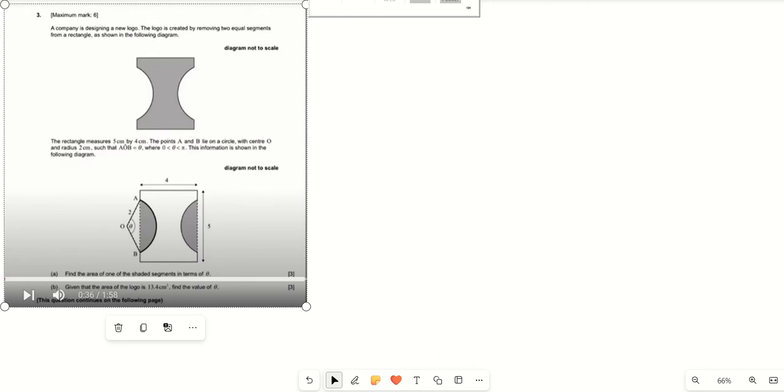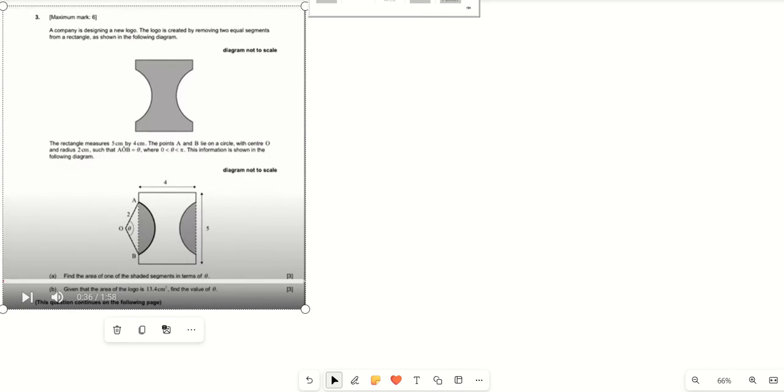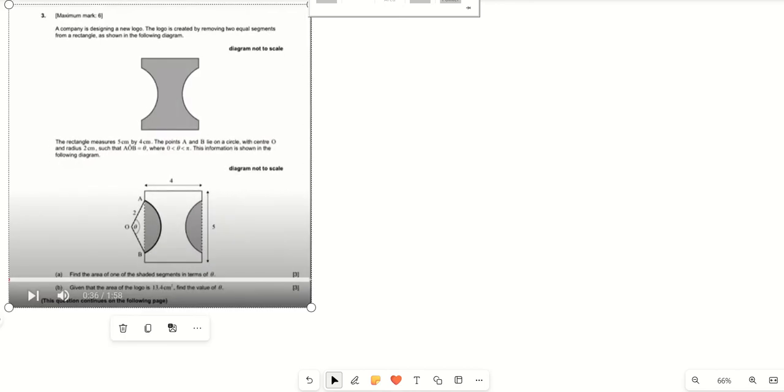Question 3. Here we are asked to calculate the area of one of the gray segments, this one.